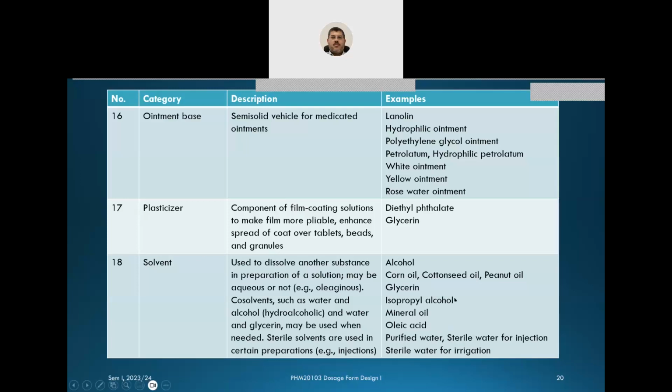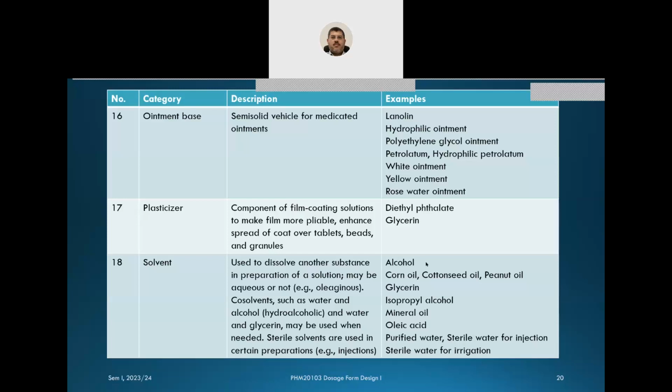And some preparations may contain oil soluble drugs, so they may be dissolved in oils, mineral oil, oleic acid, peanut oil, cottonseed oil, or corn oil. Like some injections. Some injections are oily material and mostly they are for sustained release. Okay, so we just dissolve the oil soluble drug in oil, we give it as injection.